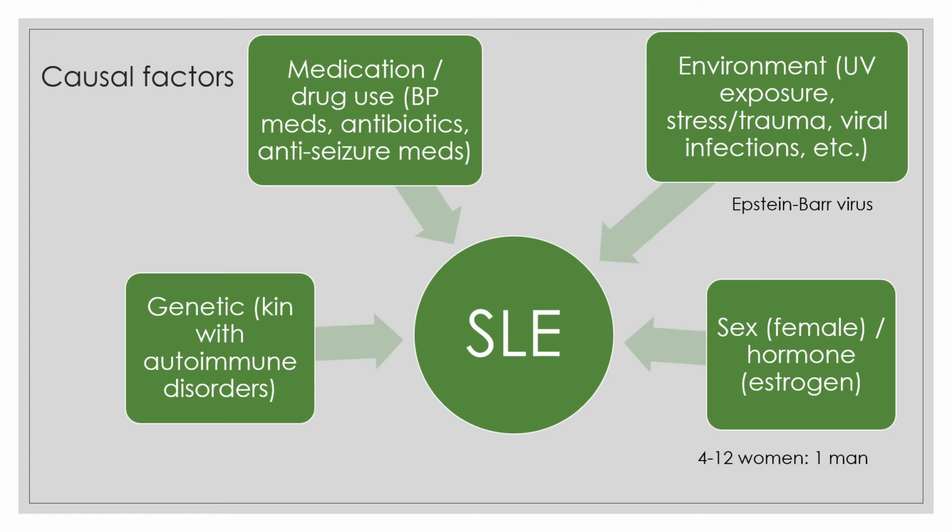SLE can also be due to factors in our environment, like sunlight or UV exposure, stress, trauma, or viral infection like the Epstein-Barr virus. Females have higher risk of SLE compared to males. And this is partly because of the hormone called estrogen.